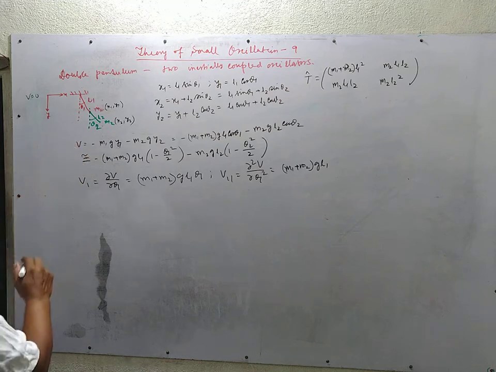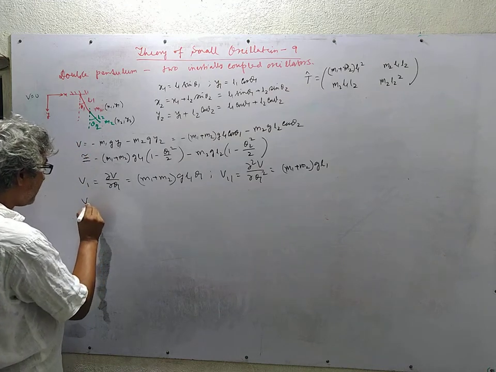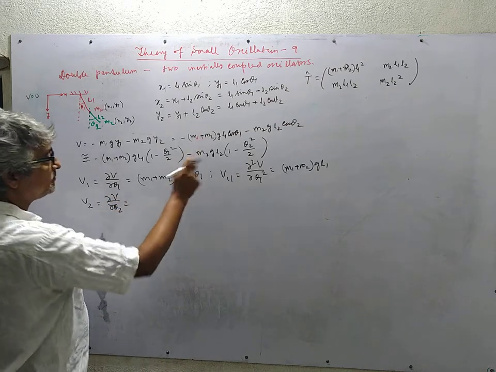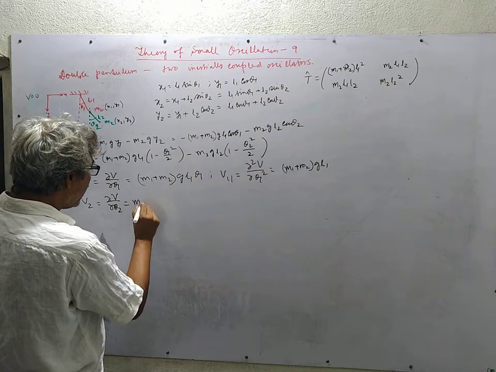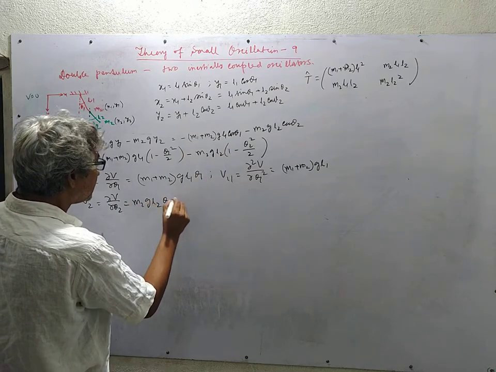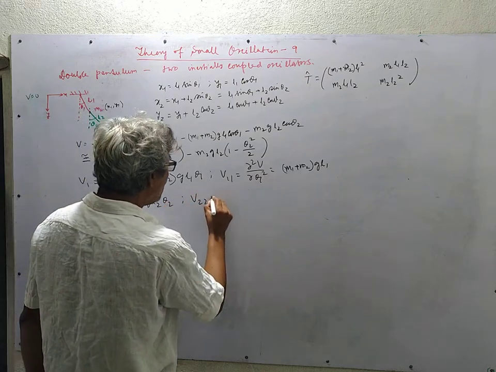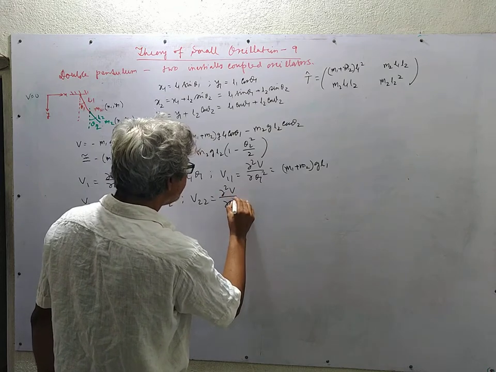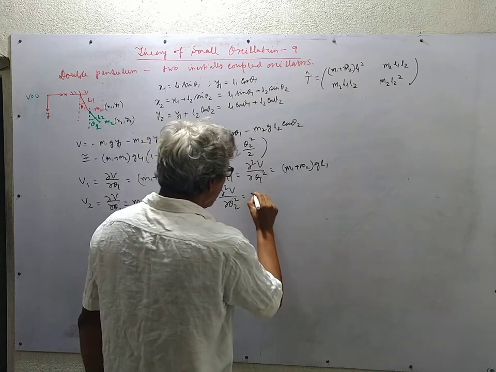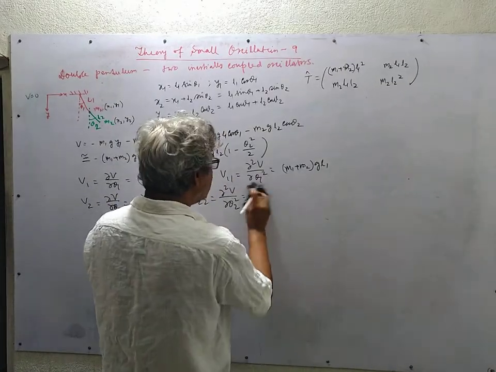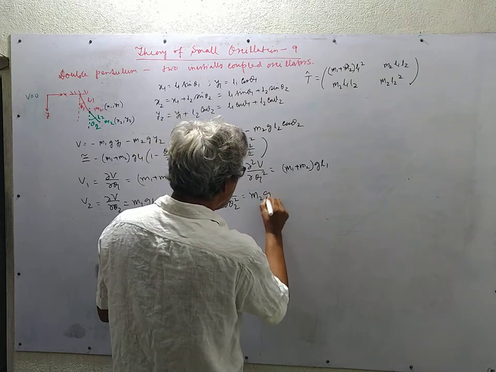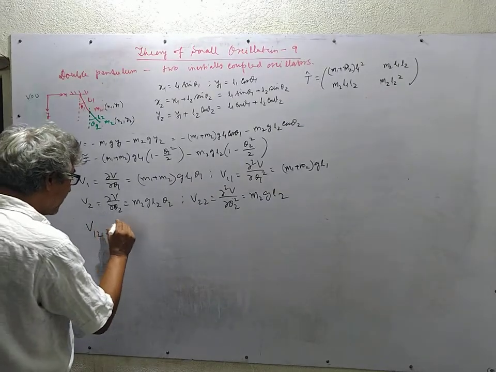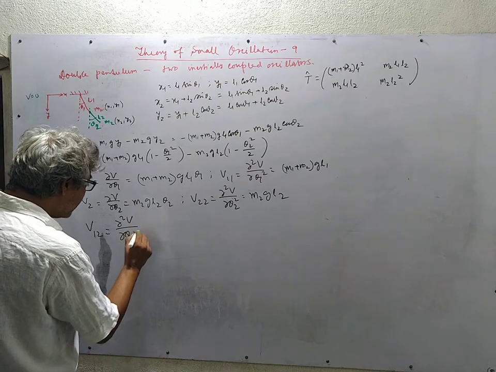Now coming to V2. V2 is del V del theta 2, which is coming from this m2 g l2 theta 2, so that V22 is equal to del 2V del theta 2 squared, which is m2 g l2, and the cross term, that is V12, is equal to del 2V del theta 1 del theta 2.